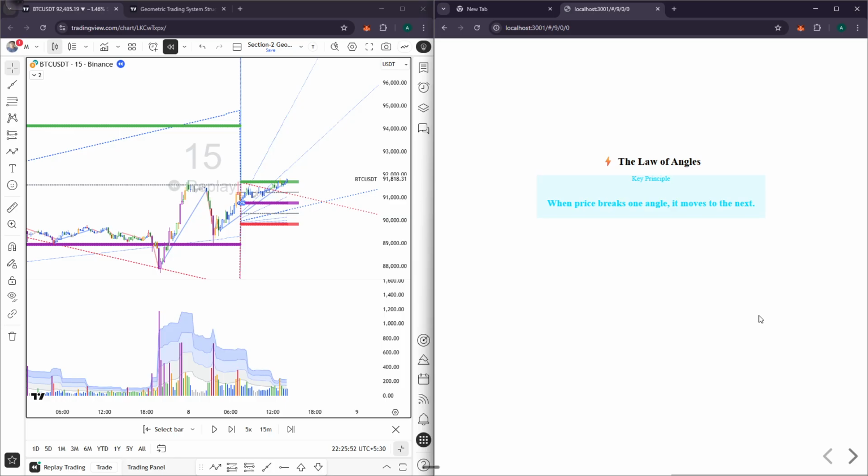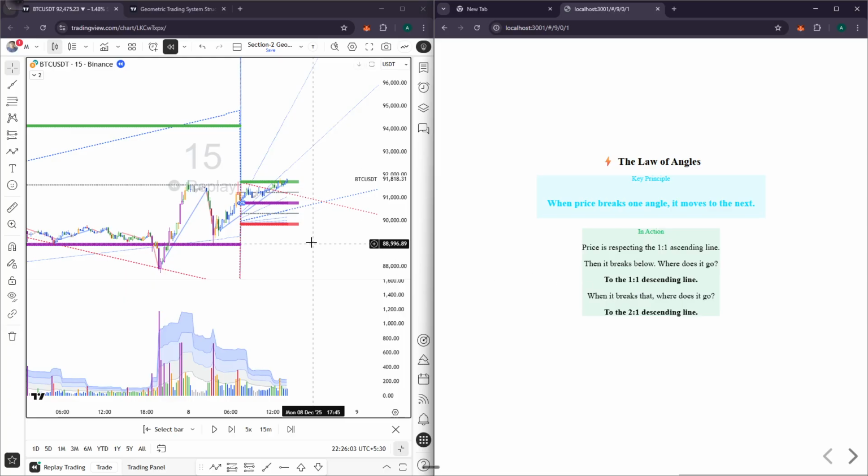Okay, so this is the law of angle, guys. When price breaks one angle, it moves to the next one. All right, so price is expecting 1 by 1 ascending line, then it breaks below. Where does it go? To the next, 2 by 1.